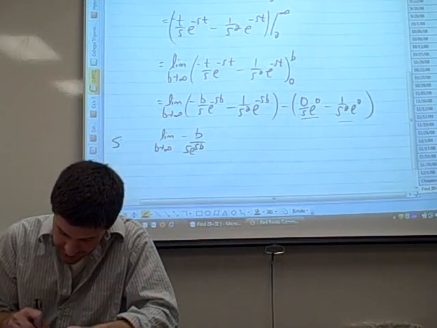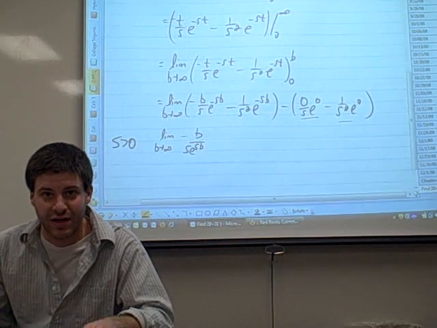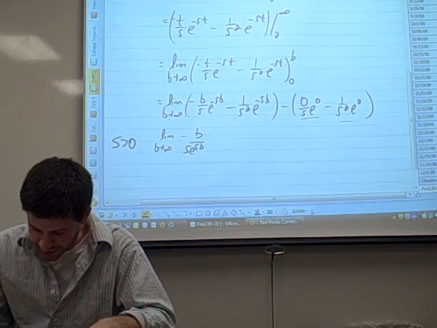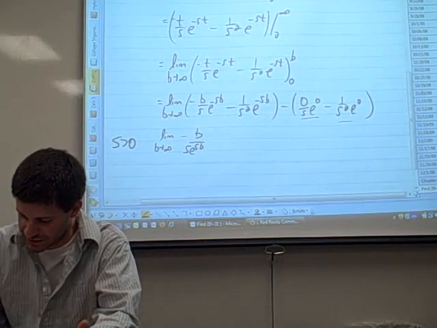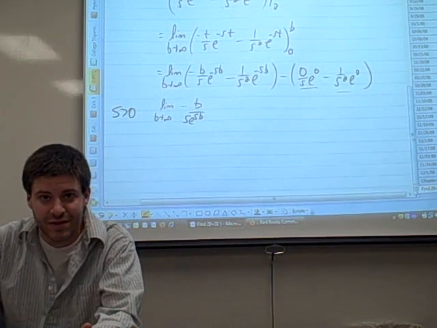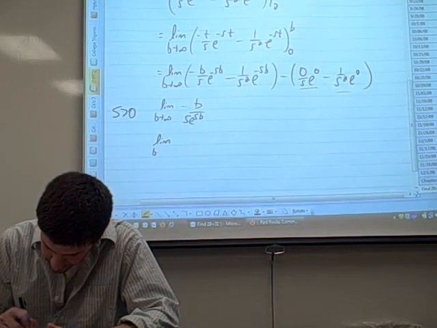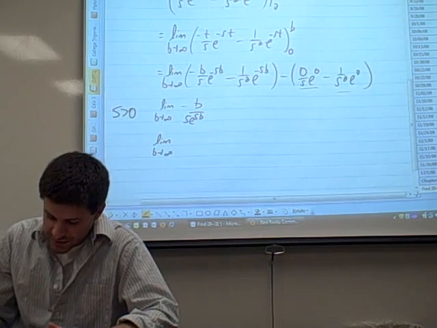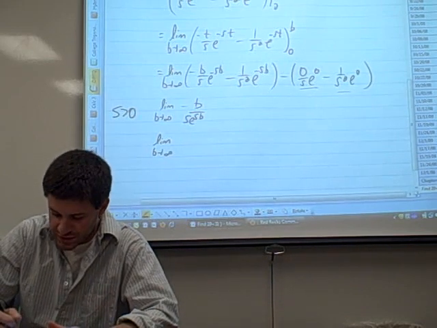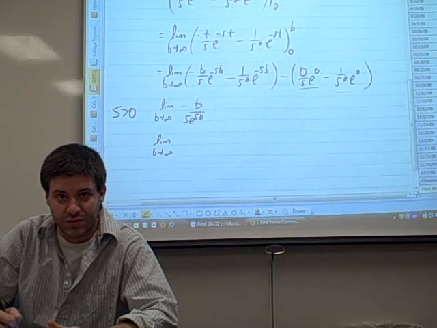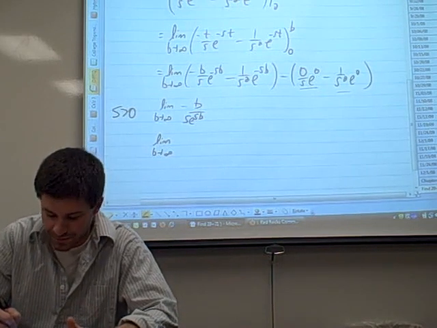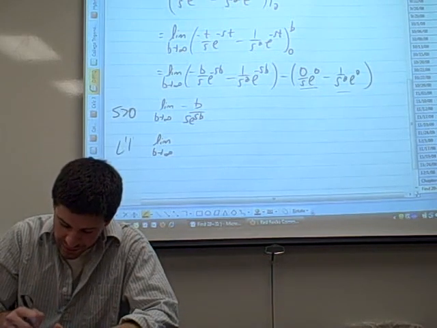Now again, just like in the last problem, we're assuming that s is positive. The more technical way to find this limit is to use L'Hopital's rule. So you would plug in b goes to infinity, and you get infinity over infinity, which is an indeterminate form. You would use L'Hopital's rule.